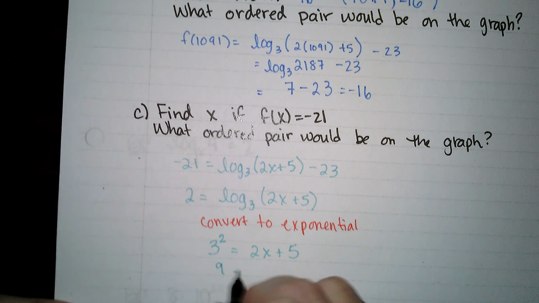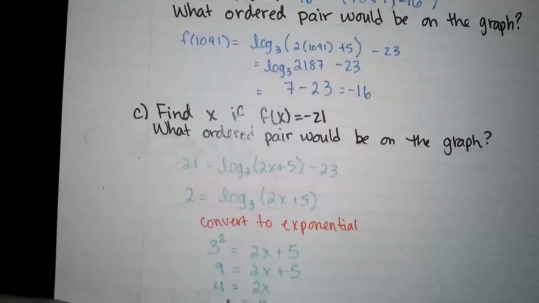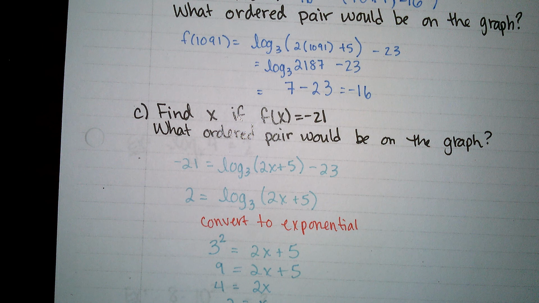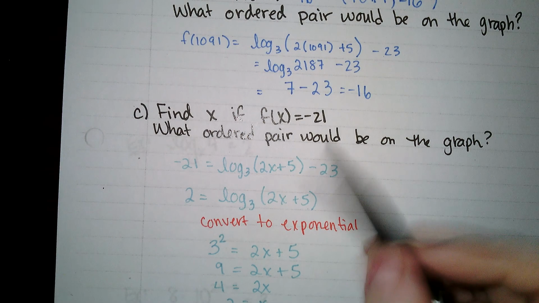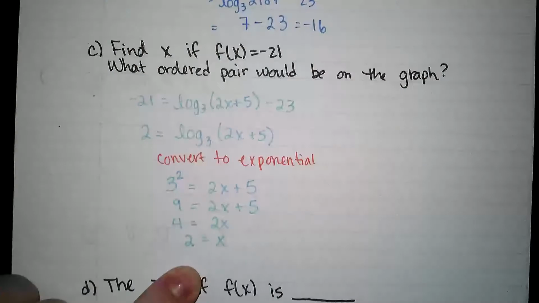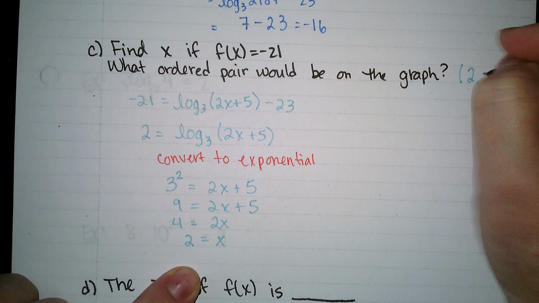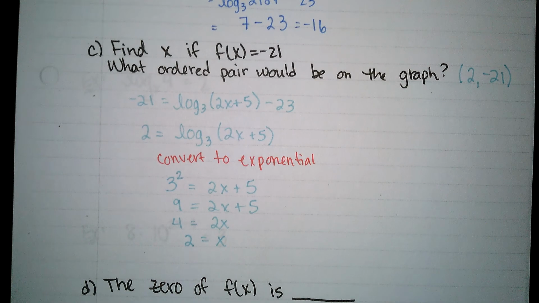So then I have 9 equals 2x plus 5. In other words, 2x equals 4, or x equals 2. So x equals 2 when f of x equals negative 21. Oops, I went off the screen. Sorry about that. So the ordered pair that would be on the graph would be 2 for x and negative 21 for y.